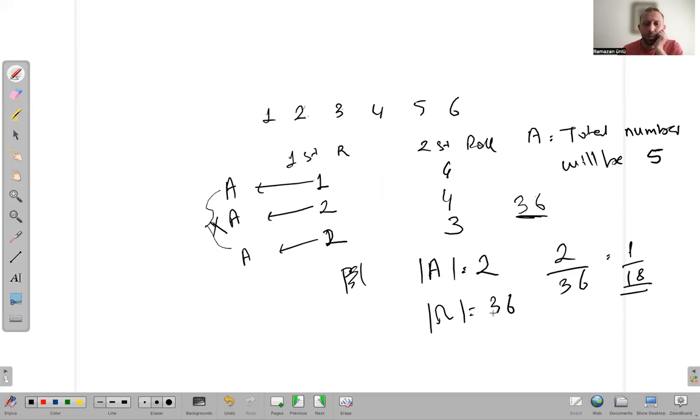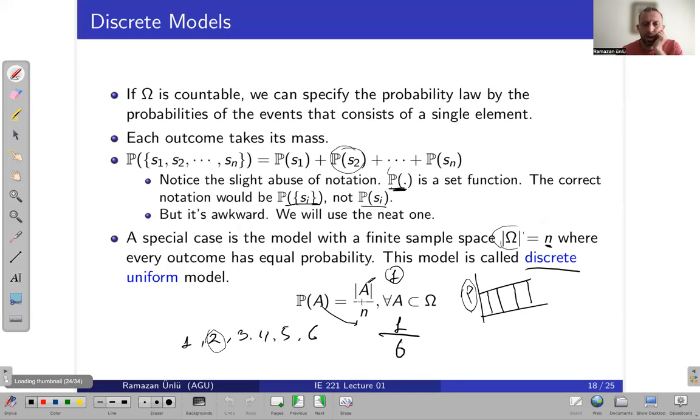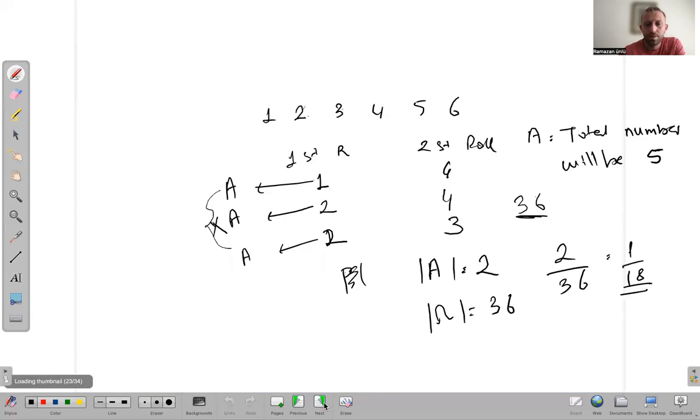This is how we use this formulation if our sample space is finite and every outcome has equal probability. In this case, the model is called the discrete uniform model, and we can use this formulation to calculate the probabilities.